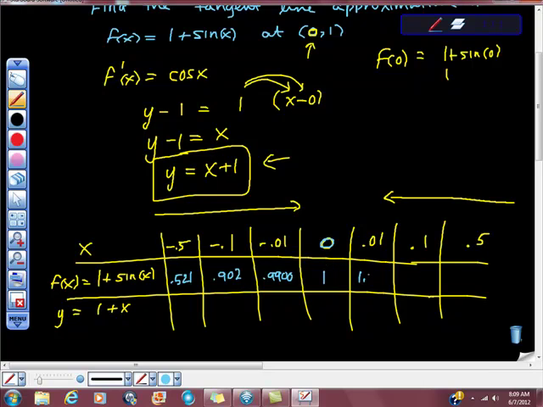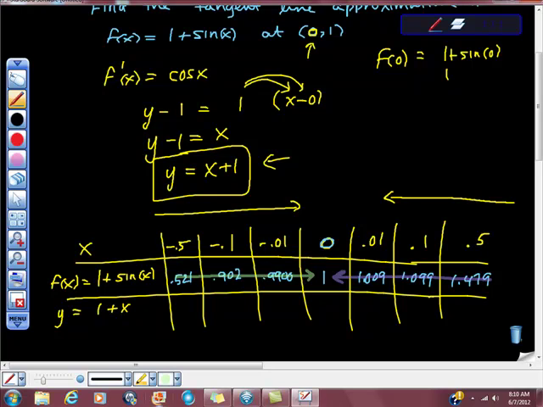And then look, 1.009 here, 1.0998, 1.479. Hopefully you can see as we're making our approach this way, we're getting closer and closer to 1. And as we approach from the opposite side, again getting closer and closer to 1.